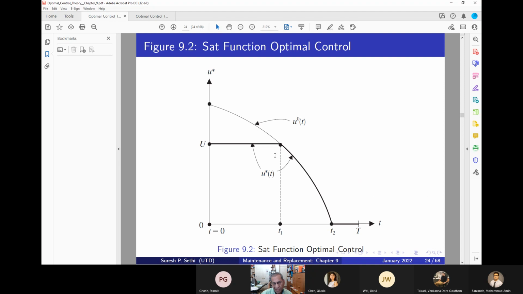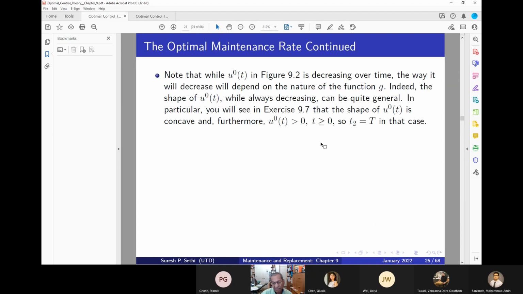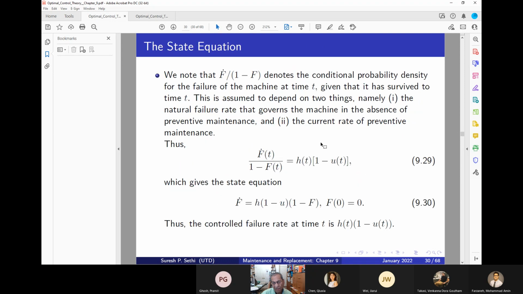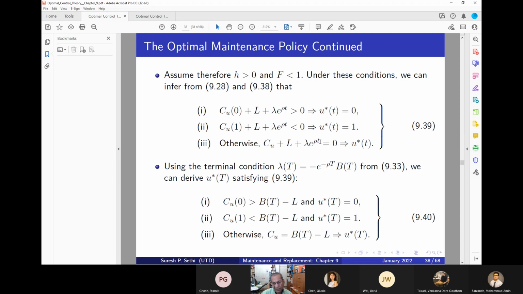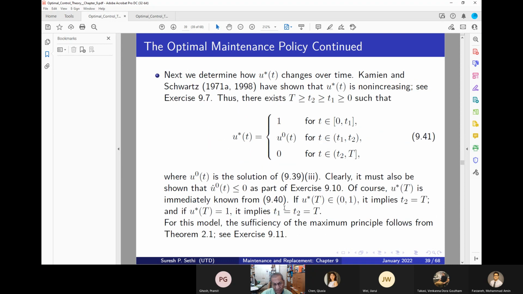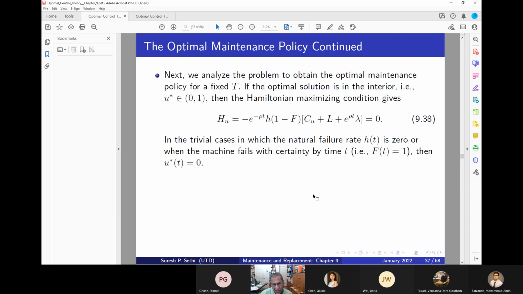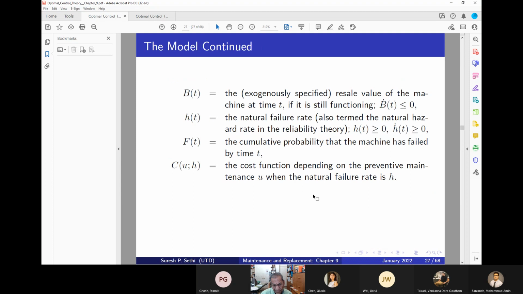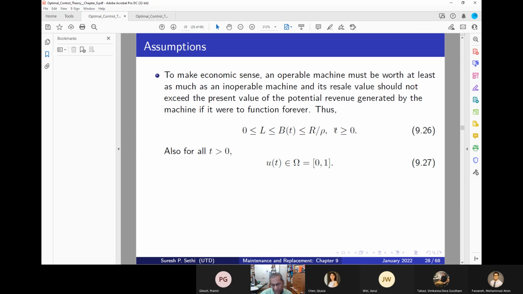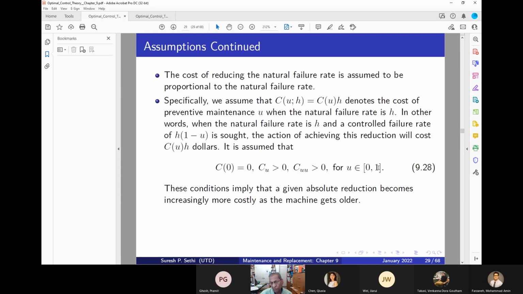It sort of looks like this: T1, T2, T. And they also don't figure out what is going on here. So they stop this problem by saying that this is the form of the control and that u0 dot itself is decreasing. All of that can be done by the Kamien and Schwartz formulas, and in doing so, you will need these conditions to figure those out.